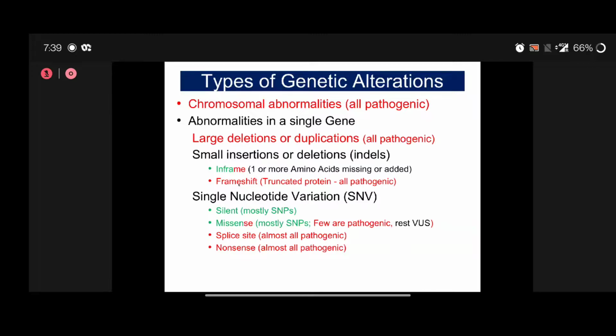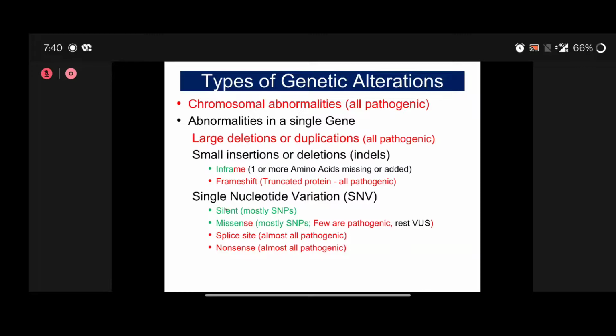In the same way, the truncated protein will not be able to do its job, and it will be pathogenic. Then there is a single nucleotide base change, just one place. Instead of a T, it is a C, and as a result, sometimes even though the nucleotide changes, the amino acid coded is the same because of the degeneracy of the code. Many different combinations code for the same amino acid.